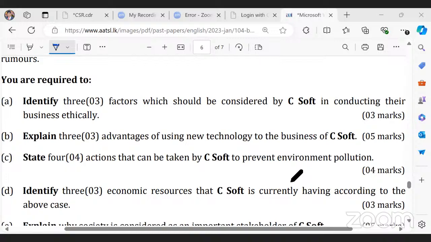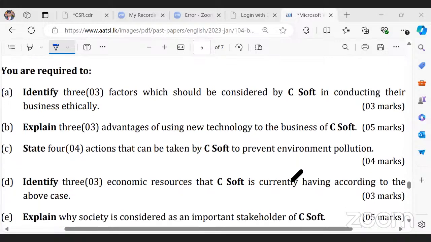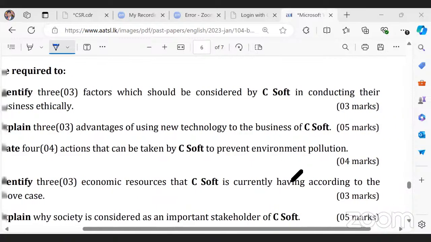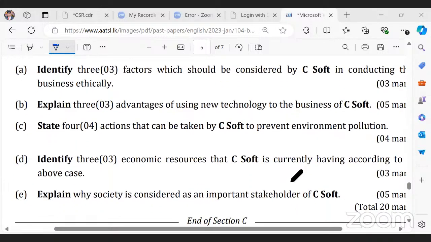Conducting ethical business, what are the factors to be considered? Nature of the business, customer care, competitors and their intentions, the cost of implementation of the policy. There are different things to consider. Identify 3 factors, then you can identify 3 factors which should be considered by Seasoft in conducting their business ethically.